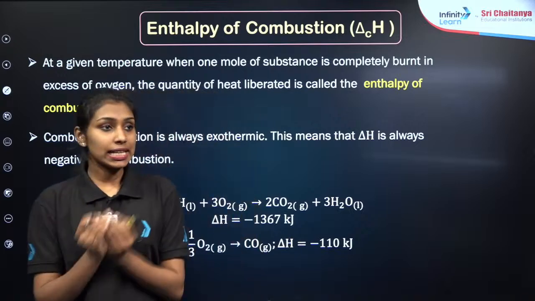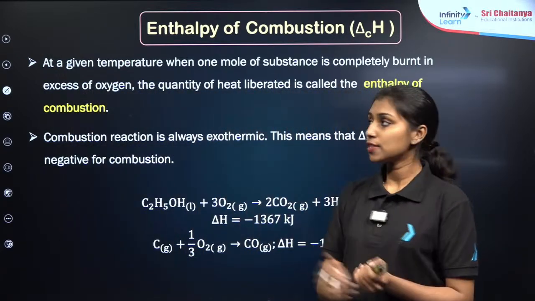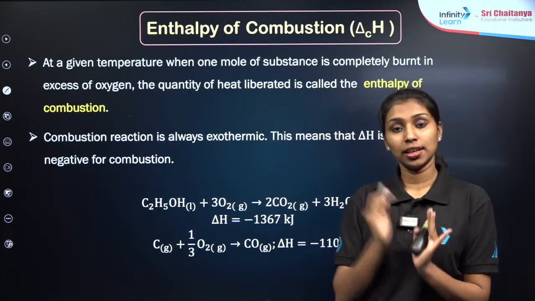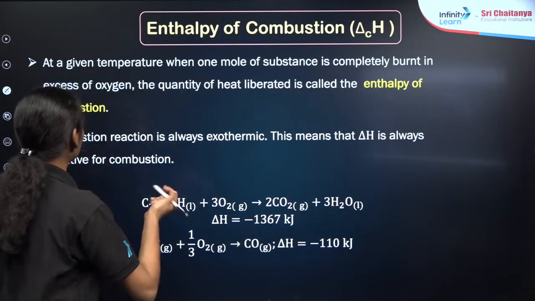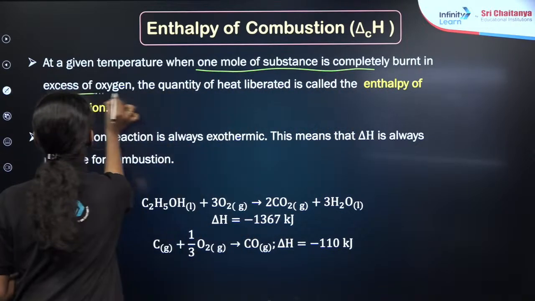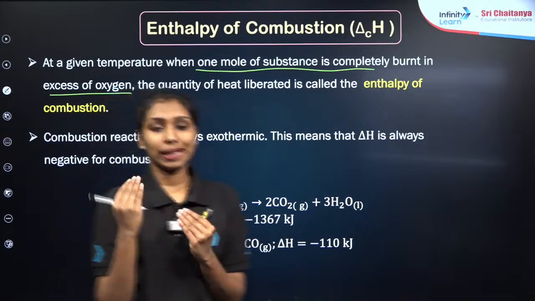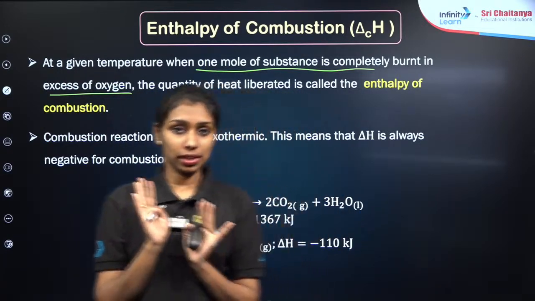Now let me move to the next type of enthalpy. Depending upon the process, enthalpy change will be different, right? So if I take the combustion reaction, what will be the standard enthalpy of combustion? As you already know what combustion means, whenever any substance combines with oxygen, it forms the respective oxide.